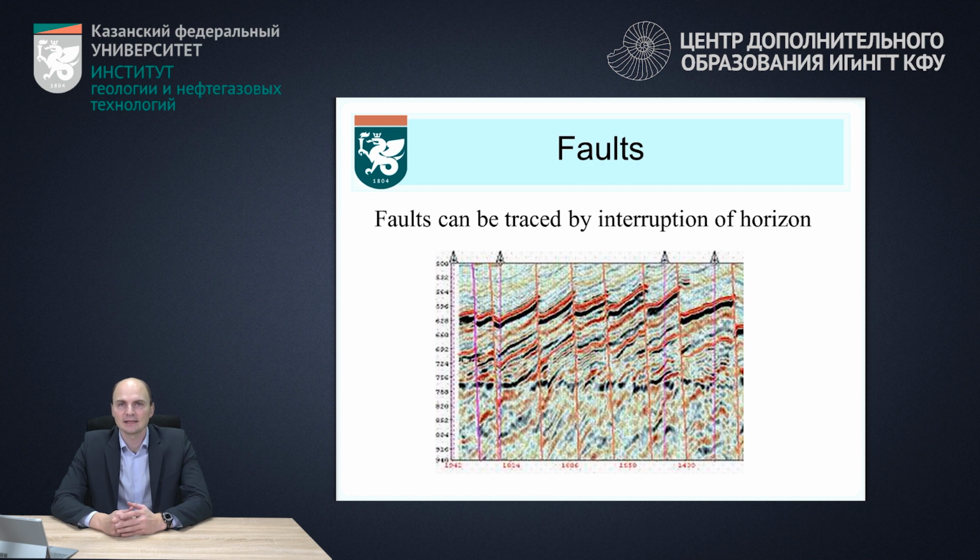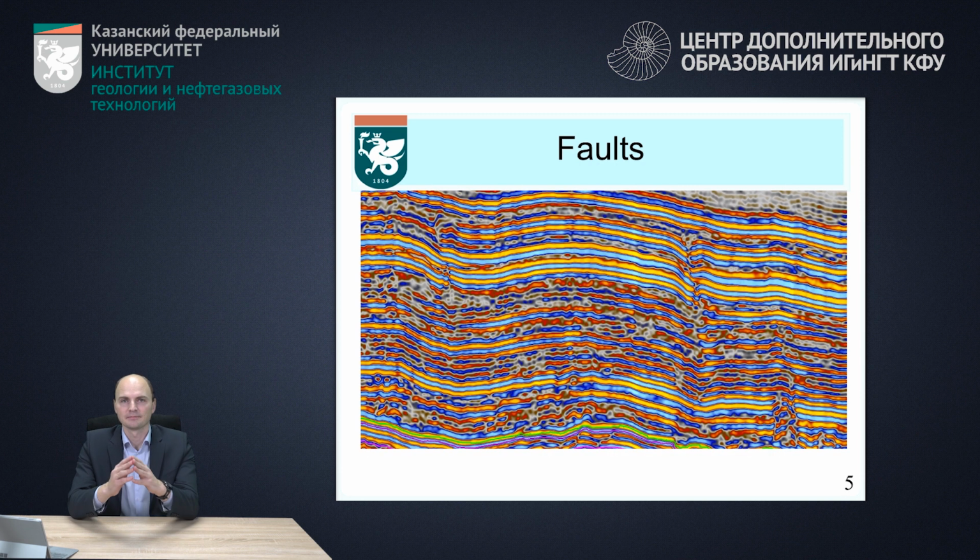The next step is how to trace the faults. A fault is when you have a horizon that originally was connected, but then it was faulted for a certain reason, and now these reflections are not connected. Let's look at the example.